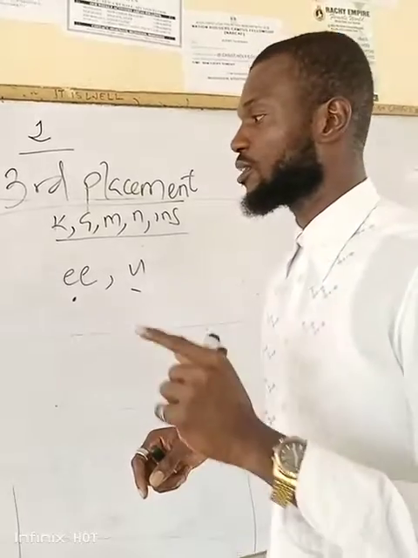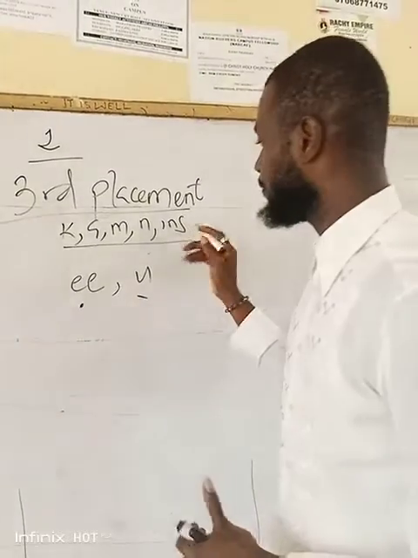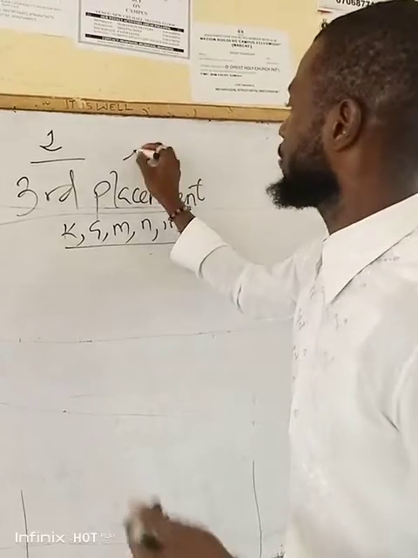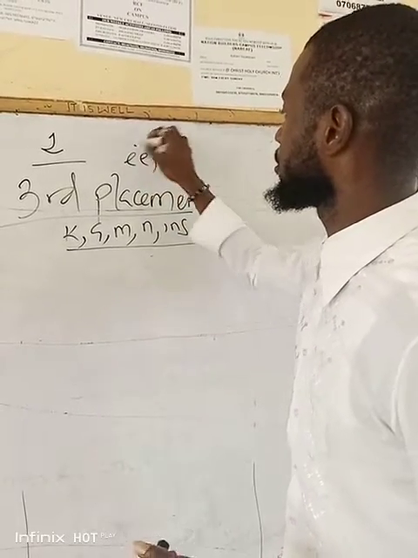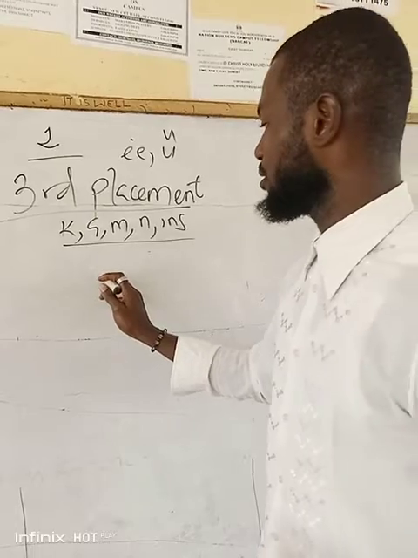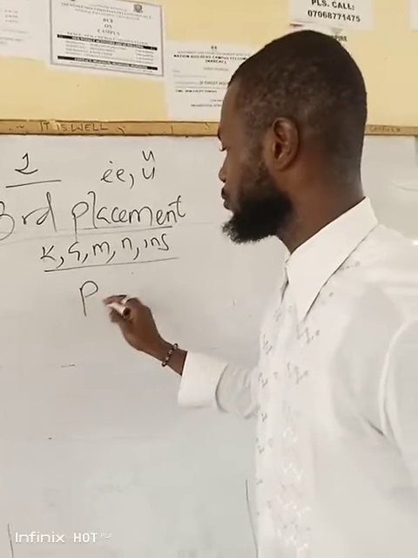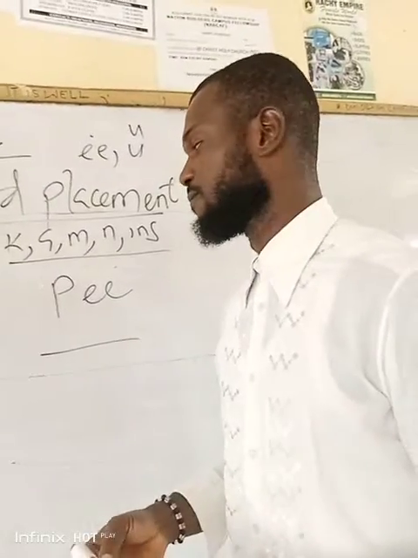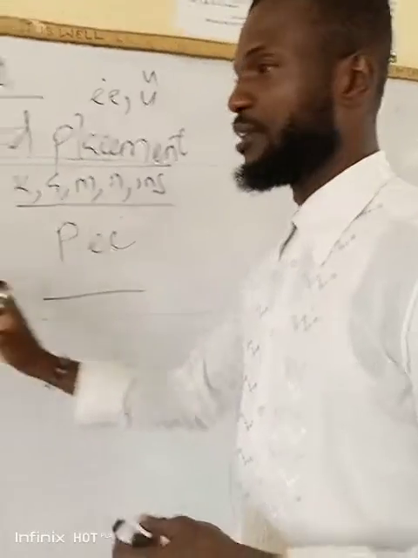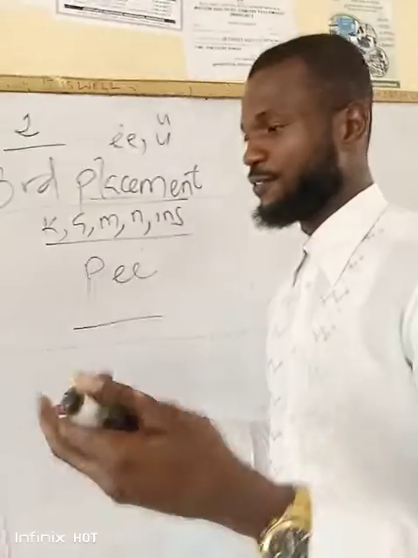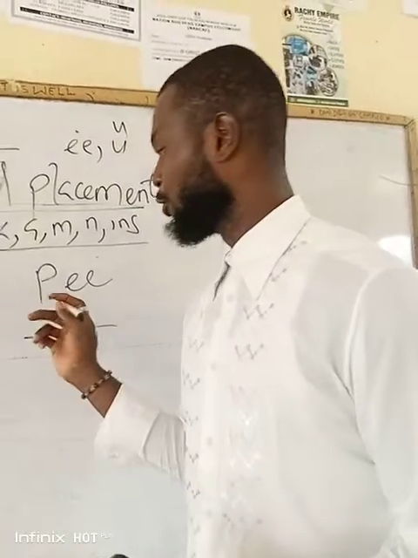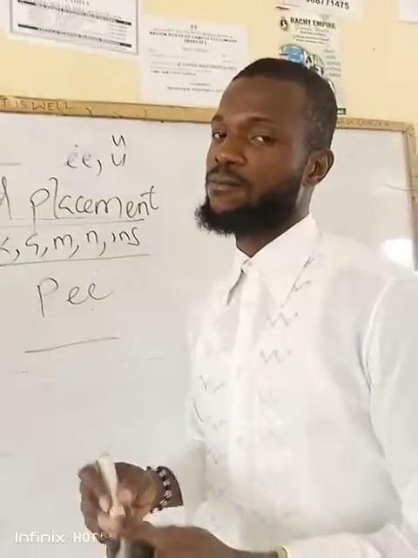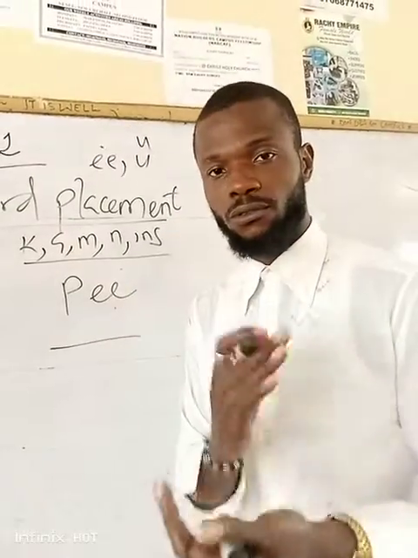What I mean is this: if you have an example, something like this, you have P. So P is to urinate. Understand? So we are hearing P as a consonant and E as a vowel sound.